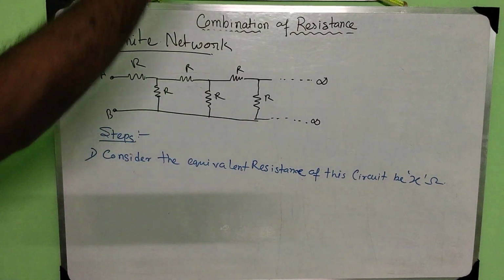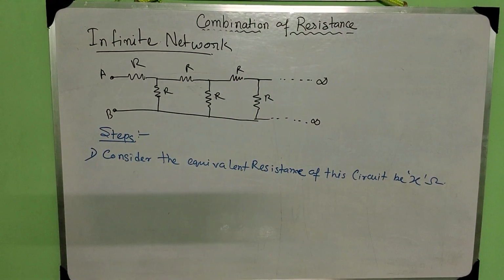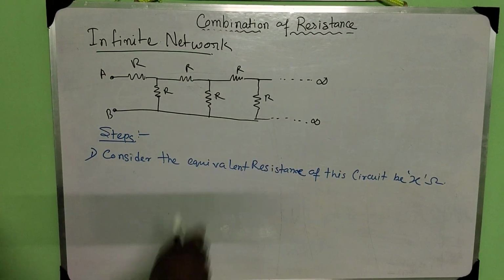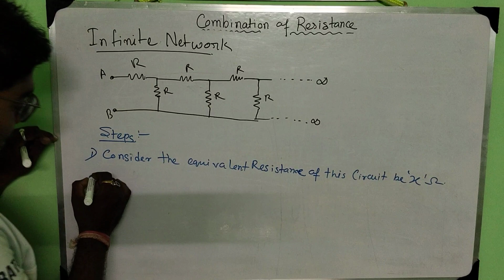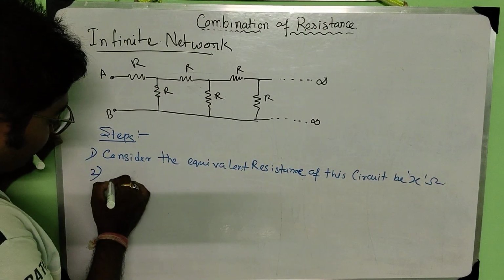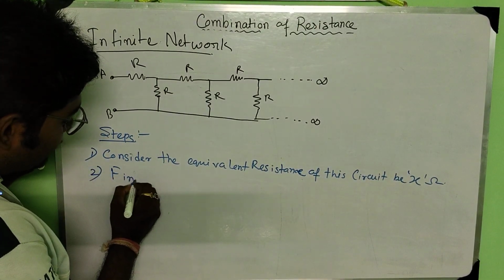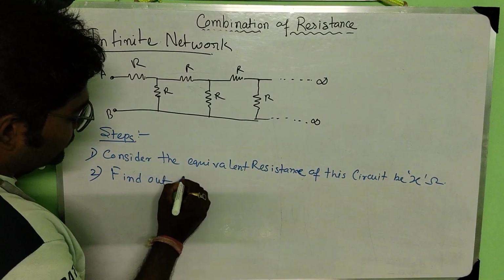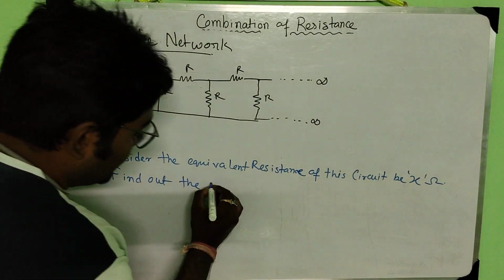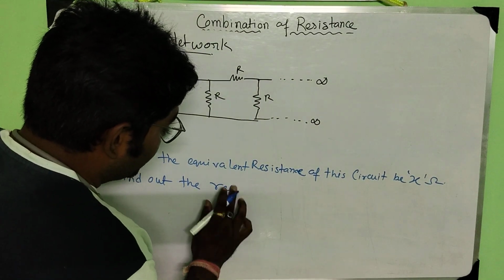So for an infinitely long combination of resistors, the equivalent resistance is considered as X ohm. Second is to find out the repeating unit.